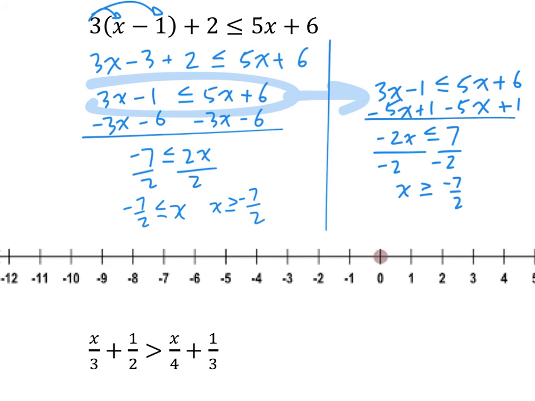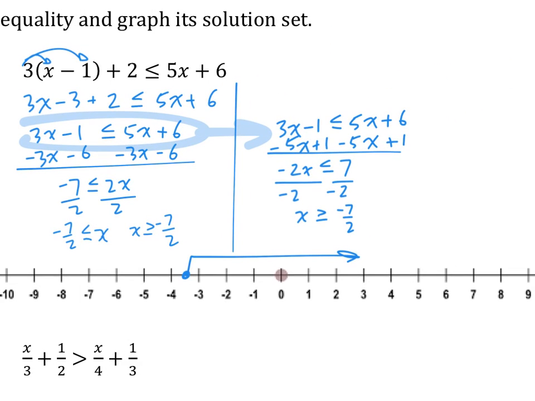All right, negative 7 over 2 is negative 3.5, and this is a greater than or equal to, so we're going to put a solid dot and then point towards the right. What is the way to write this answer in interval notation? I feel like it's easier to look at interval notation in the graphical form. So you can see that we're basically saying starting at this point, go to the right.